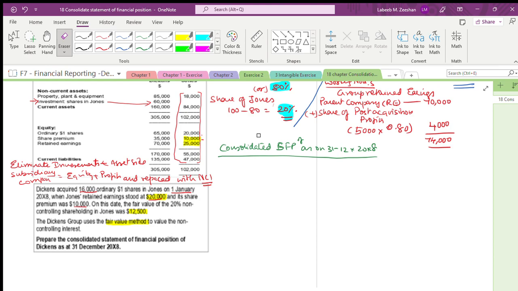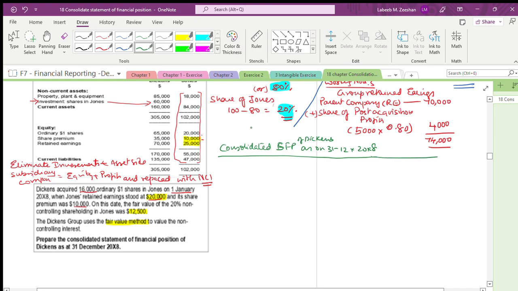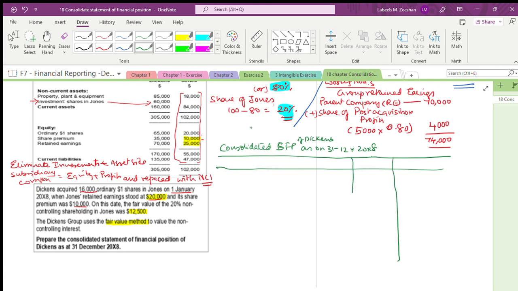It is Dickens. Fine. Particulars, amount.